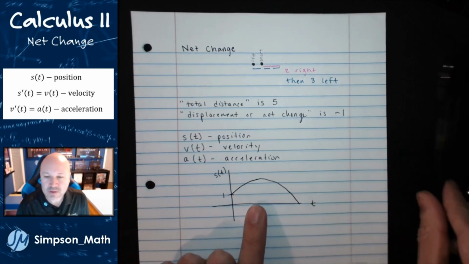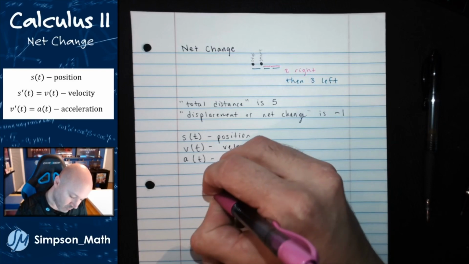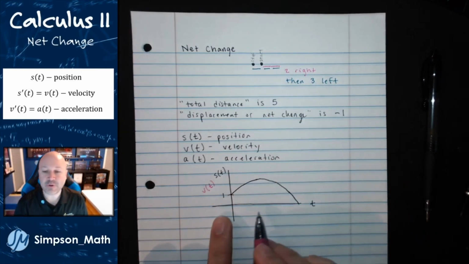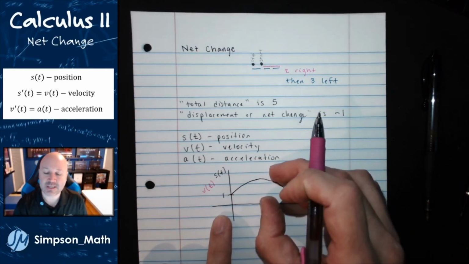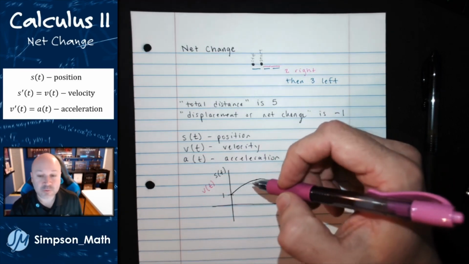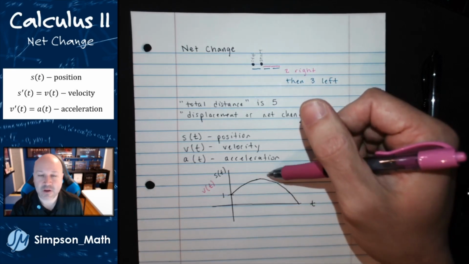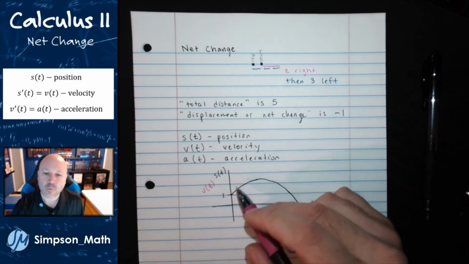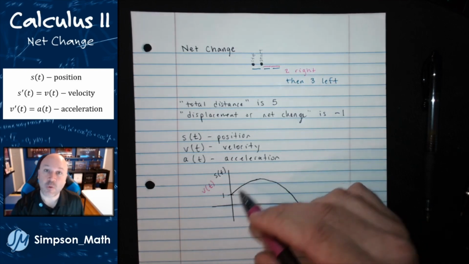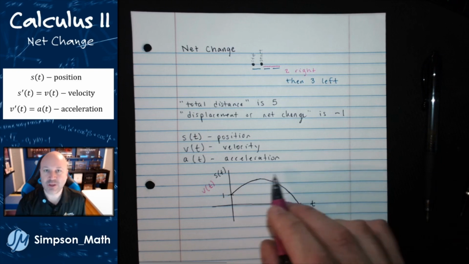And from this, I can get maybe a good little sketch of the derivative function, or v of t, where again the input axis is t, but now my function, or the y values, are the velocity. And in Calculus 1, we played around with graphing a derivative function based off an original function. So one way to think about it is the slope of every single tangent line that we can draw.